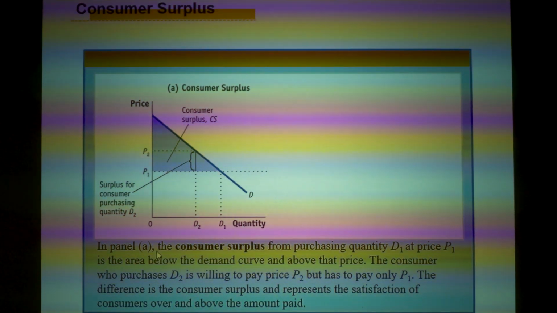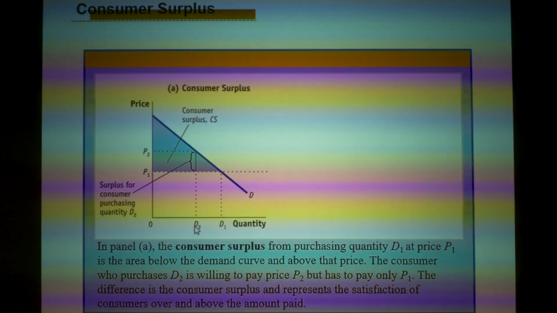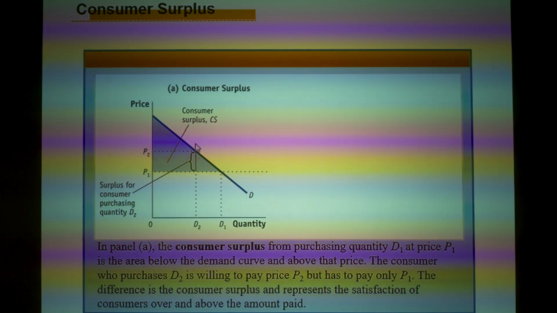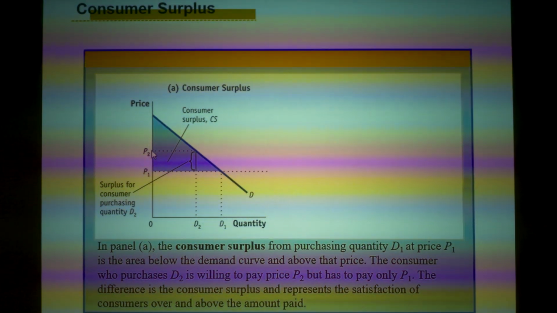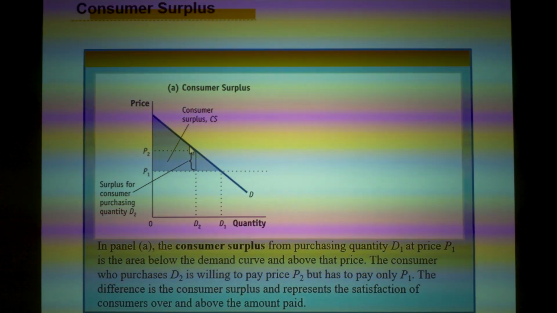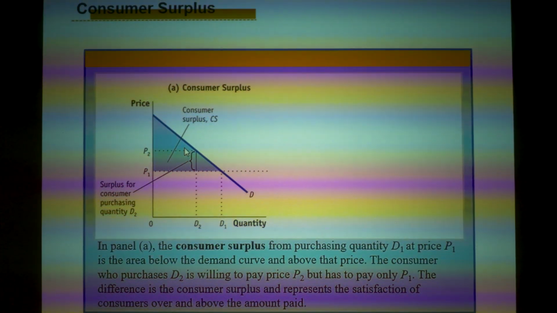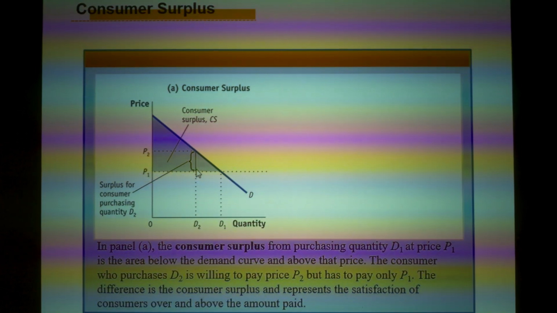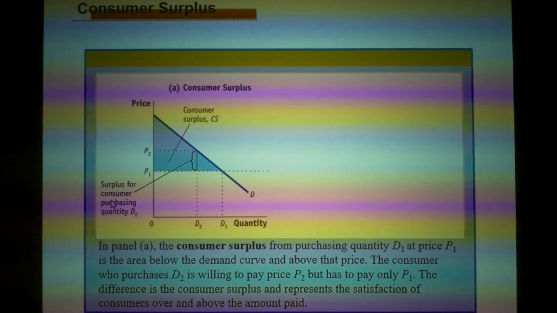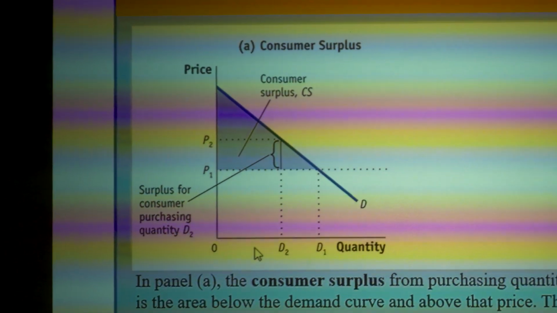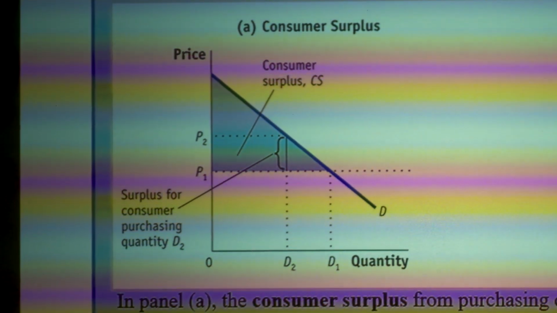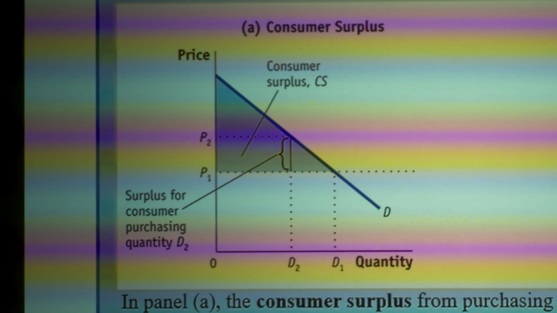But for an earlier buyer, this person buying quantity D2, you could read the value they put on that good off your demand curve at P2. At P2, they would still just be willing to buy it. So this difference between P2 and P1 is the surplus for that particular consumer buying that good. They get surplus over and above what they're paying.